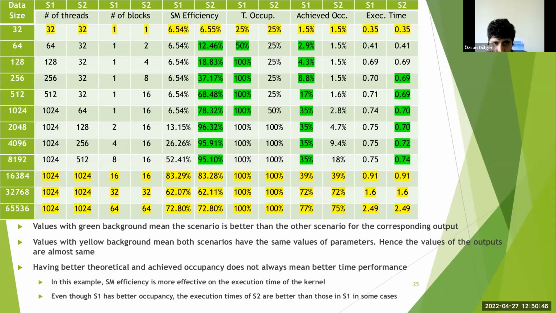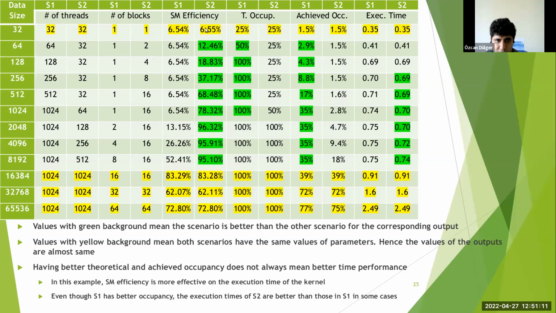For example, in SM efficiency, the second scenario is better than the first scenario when the data size is between 2^6 and 2^13, right?